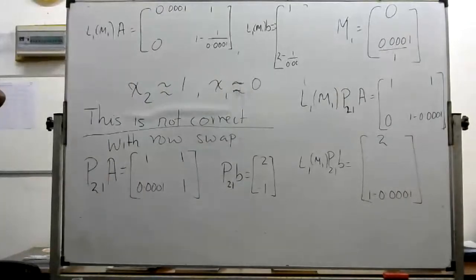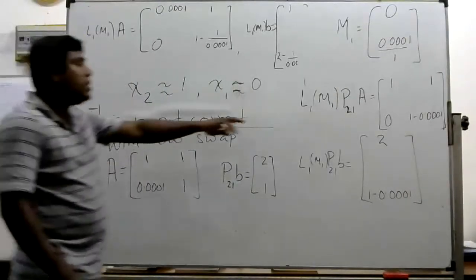Right, so when you interchange rows, you get this system.